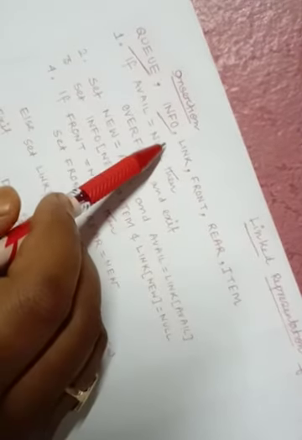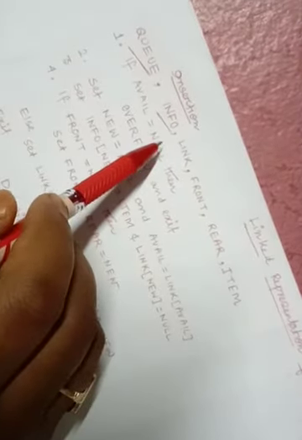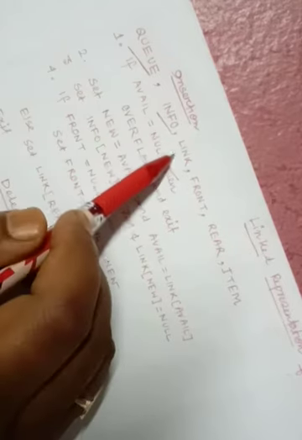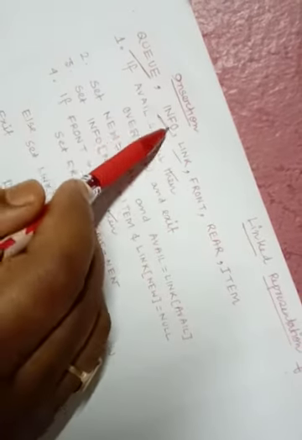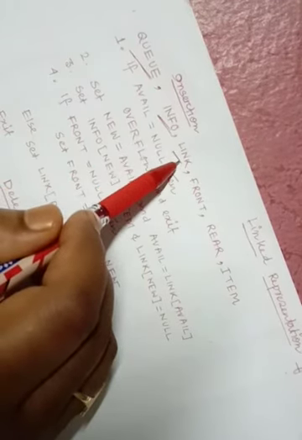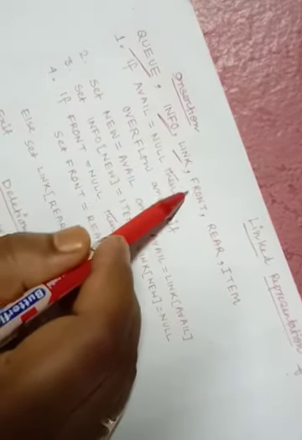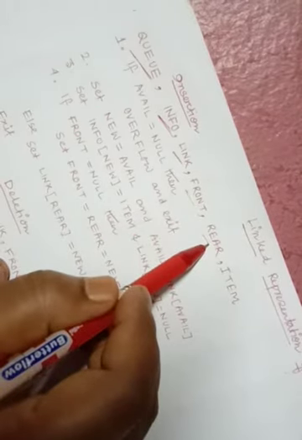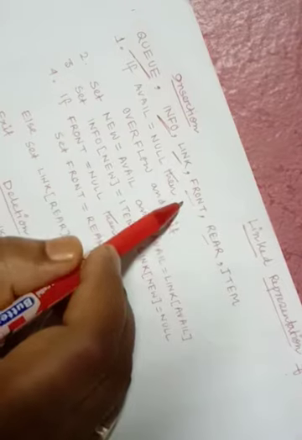In the linked list, as we know, there are two parts. One part is the information part, another part is the link part. So info contains the information of the element, and link holds the address of the next node. Front and rear are the two pointer variables which indicate the front and rear position of the element.